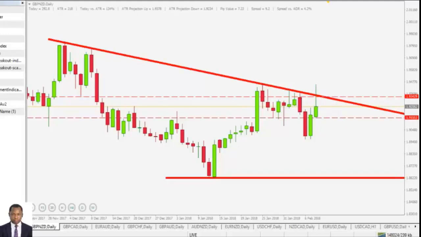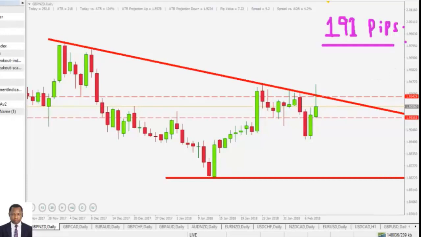Again, I am going to take my crosshair tool from that level right there to where I have the entry. It's about 191 pips. I repeat, 191 pips. That's the distance from my stop loss to my entry.